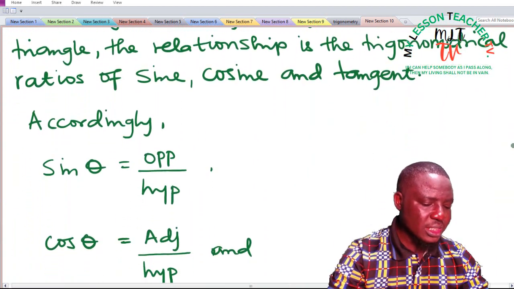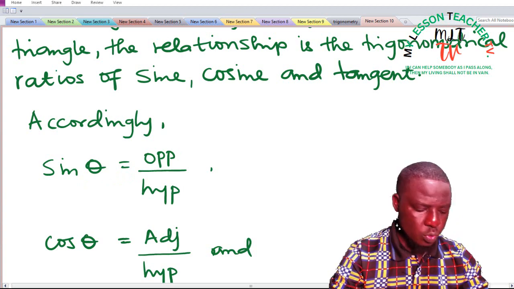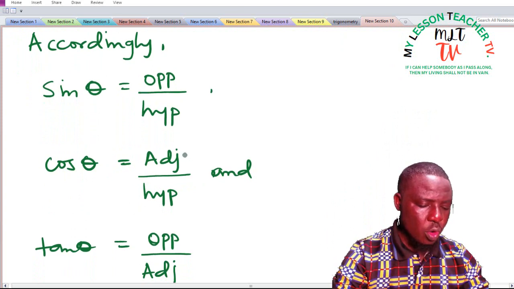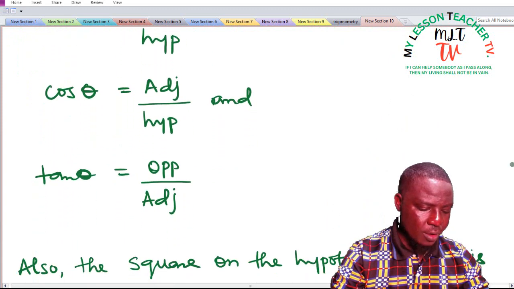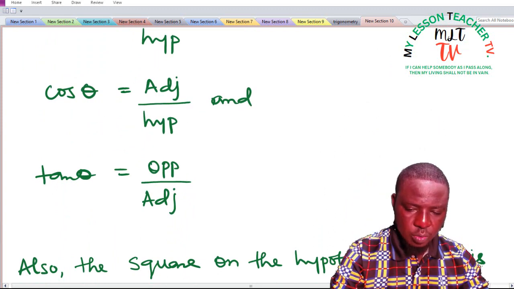Accordingly, we said sine theta is given as the ratio of the opposite side to the hypotenuse side of a right angle triangle, while the cosine is the ratio of the adjacent side to the hypotenuse side of a right angle triangle, and the tangent of an angle is the ratio of the opposite side over the adjacent side of a right angle triangle.